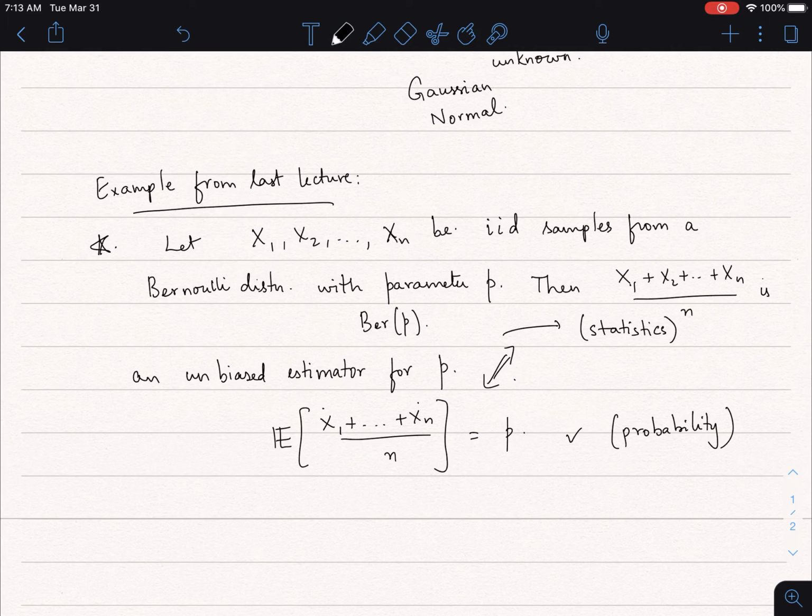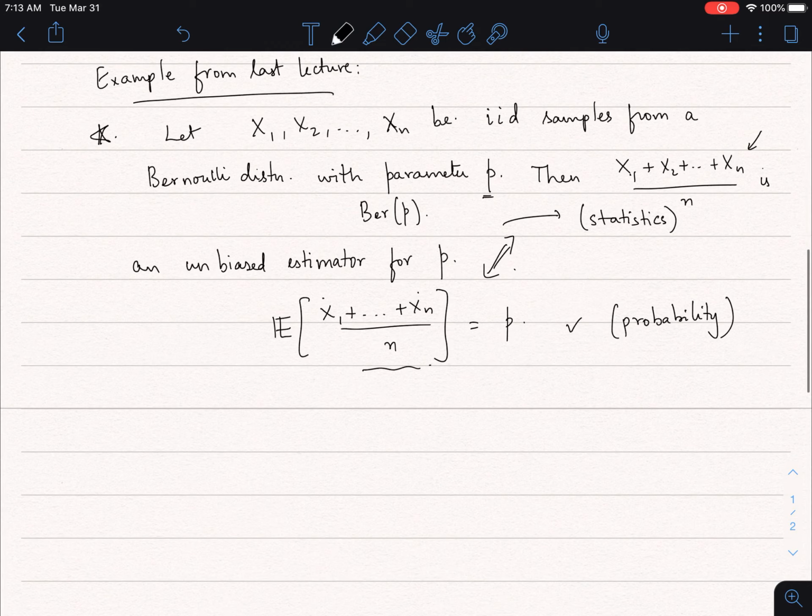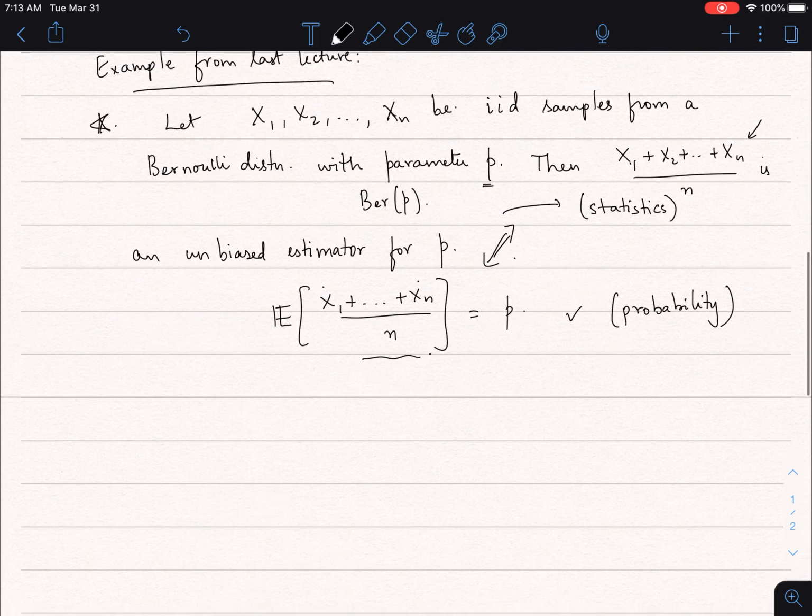It's just that in one we view the data as what is given and we are estimating the parameter, and in probability you assume that you know what the distribution was and you are saying something about the data. But mathematically they're saying the same thing. So this is the example we saw last time.